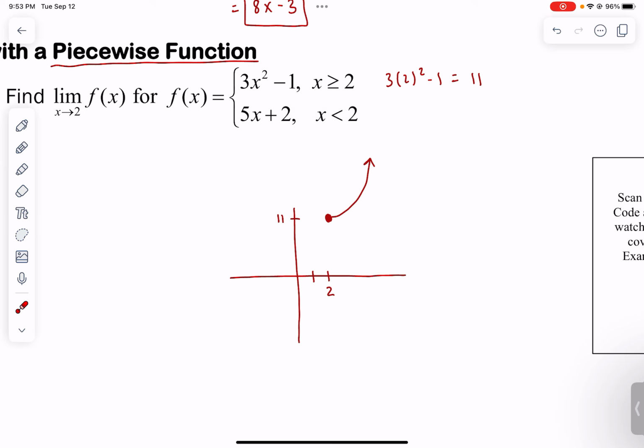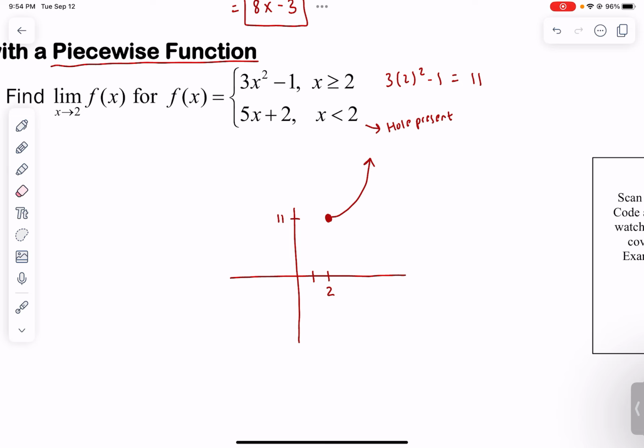Now, when x is less than 2, we're on a linear function. One thing I want to point out is that there is actually a hole present right here. Notice that when we looked at the top one, we plugged in x equals 2 into this function because it's defined on this function. But here it's not defined on this linear function.